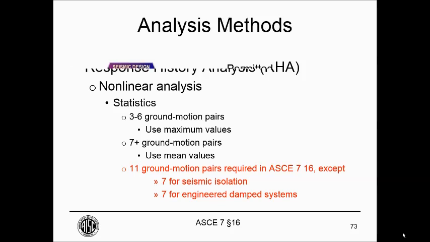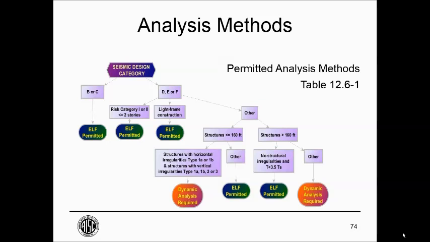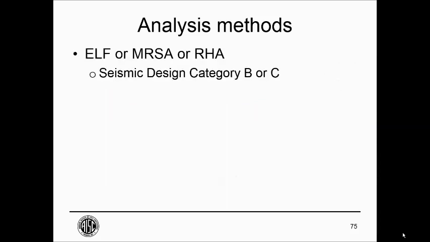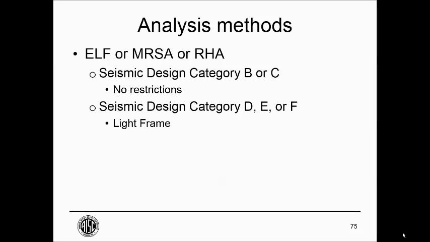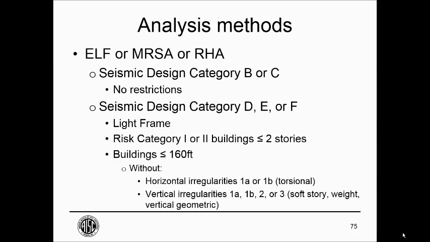And so here's a table. I borrowed this from Kim Robinson, just a flow chart of different permitted methods of analysis. So here's the information. If you're in seismic design category B or C, you can use any analysis method, no restrictions. D, E, and F, if you're light frame, or risk category 1 and 2, 2 stories or less, or if you have a building 160 feet or less without certain irregularities, you can use any of the methods.